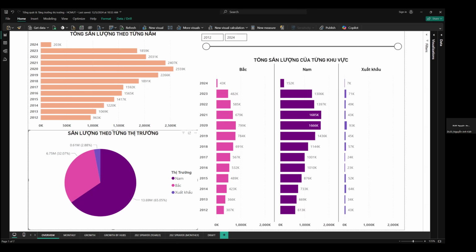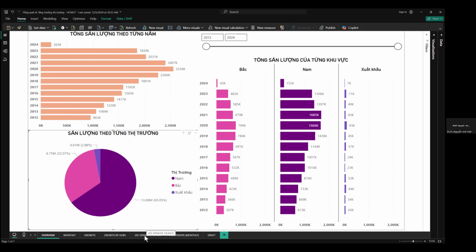The recent change is that both regions have slightly decreased production after 2021, showing a need for new strategies to maintain growth. And the exports are not focused on a lot, suggesting the company's focus is domestic. After that, Đình Khang will present about the growth trends.